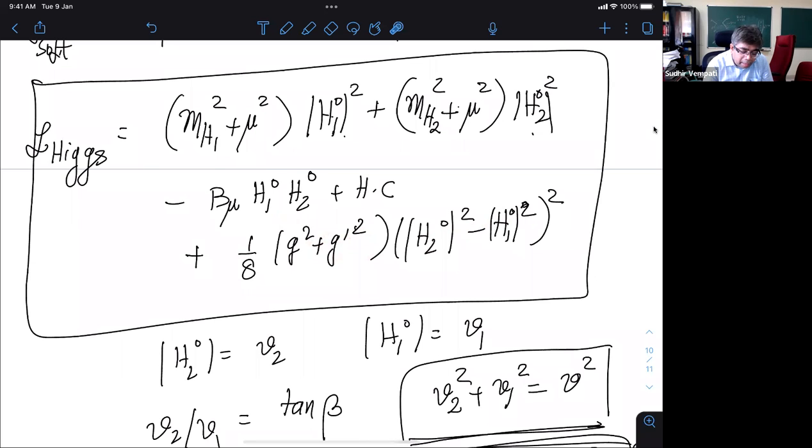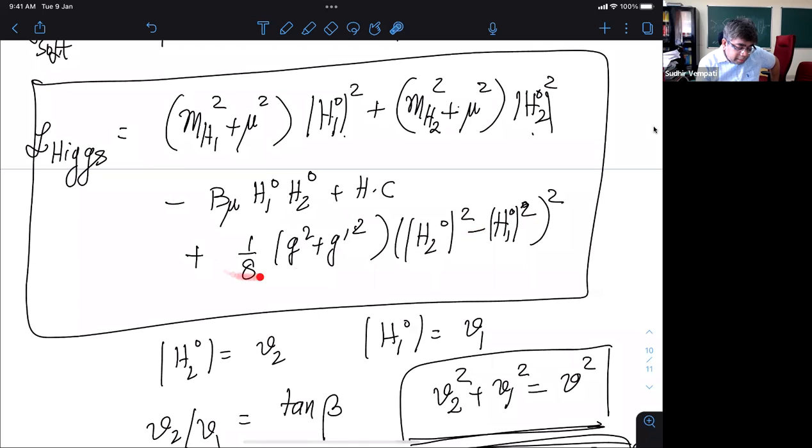I can write this as half mz square cos square 2 beta, because this is nothing but half mz square times cos square beta minus sin square beta. That's cos 2 beta, so cos square 2 beta.